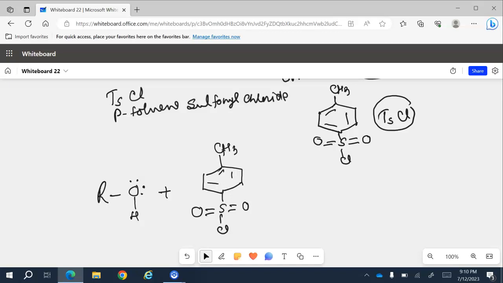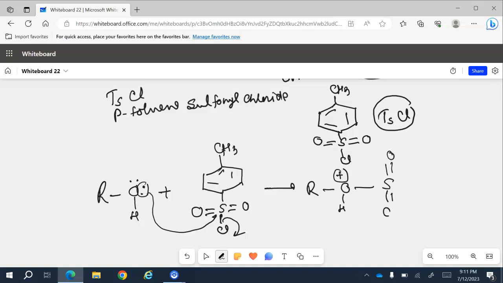And this lone pair of electrons will attack the sulfur, and since there is a leaving group chlorine, this chlorine will leave, and the result here is ROH is already there, so it is plus. Now this will be attached with sulfur, and you have double bond O, and then we have here the toluene group.